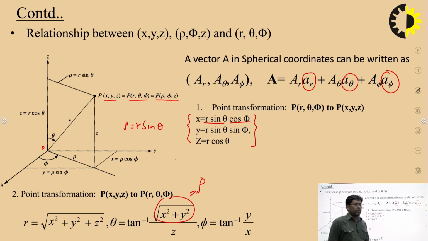We can say these are the relationships between the spherical coordinate system, cylindrical coordinate system, and Cartesian coordinate system as well. In this topic, we mainly focused on the Cartesian coordinate system, cylindrical coordinate system, and spherical coordinate system. I hope all three coordinate systems are clear to all of you.